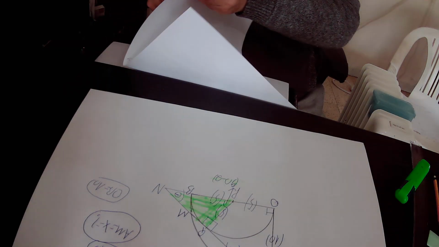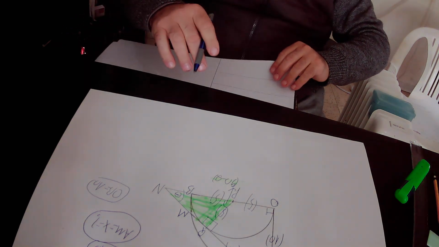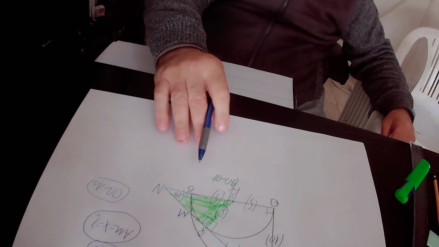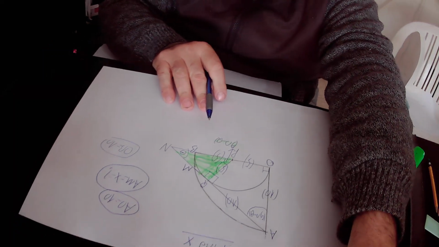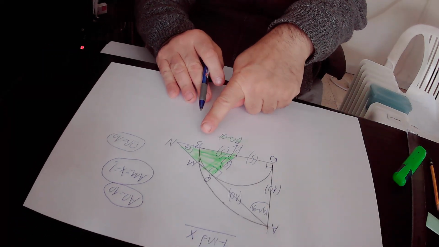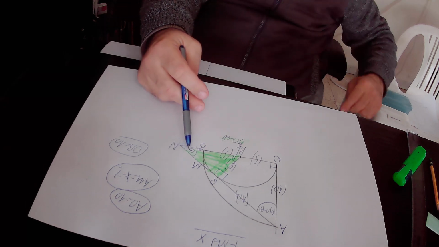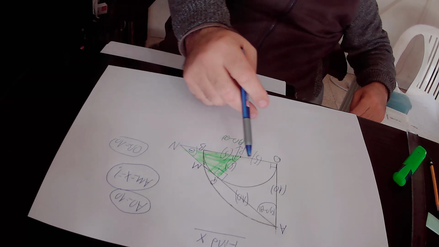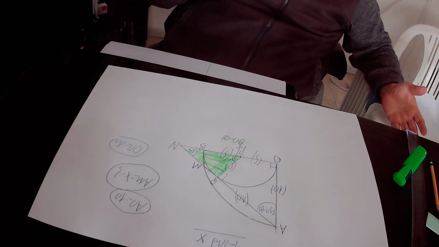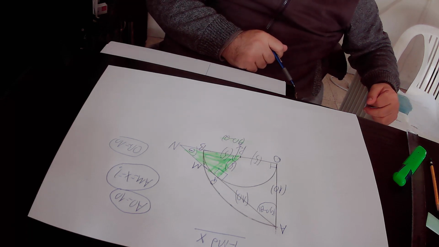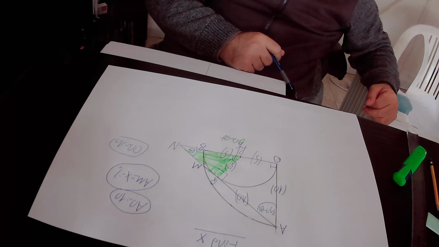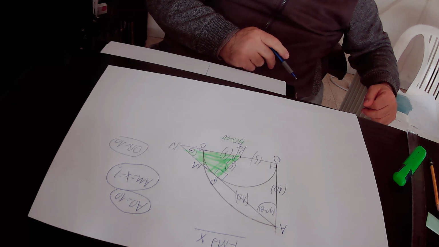In addition, this is angle theta. Angle theta is a common angle that belongs to both triangles. Therefore, we can write down that angle theta equals itself.